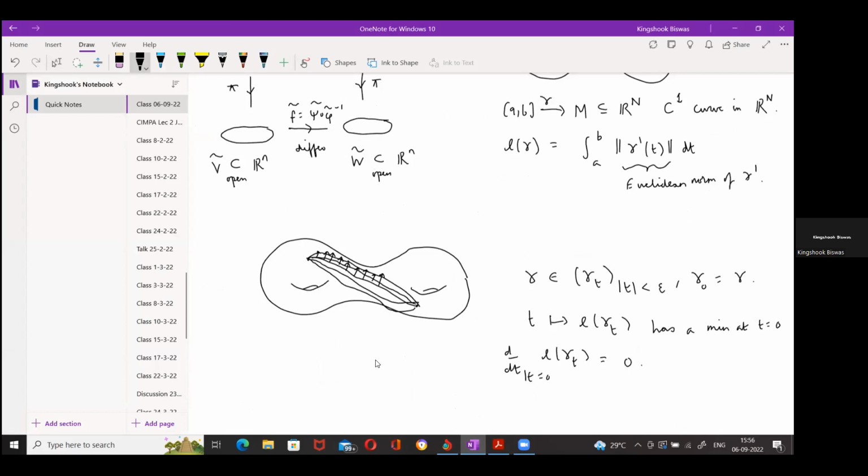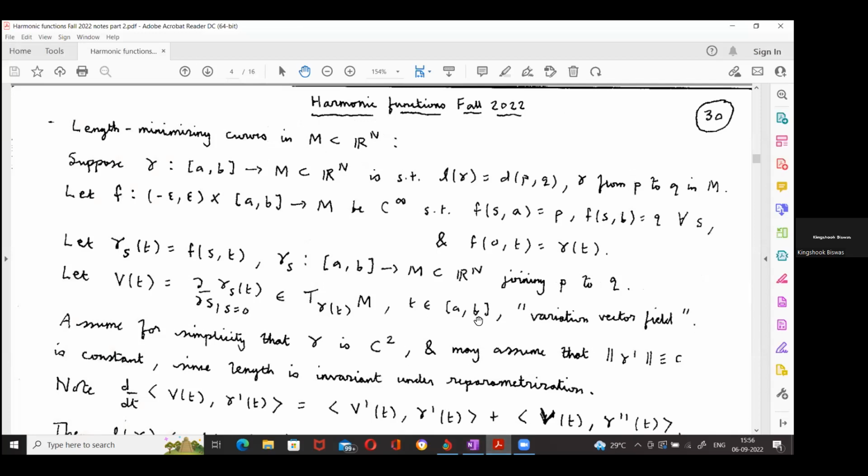And this vector field, because the endpoints are fixed, has to vanish at the endpoints. So I get this variation vector field. At each point, this V of t is a vector in the tangent space to M at gamma of t.